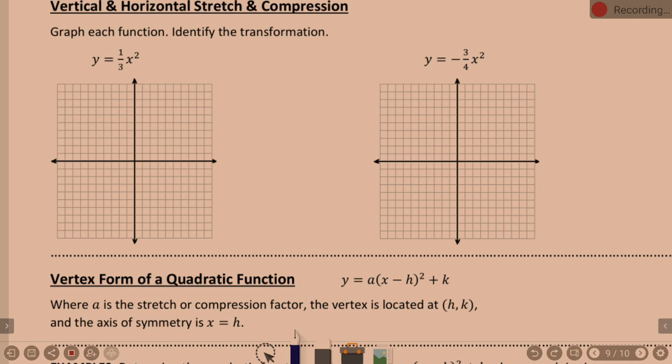I'm going to just write it down here that it is a vertical compression by factor of 1/3.